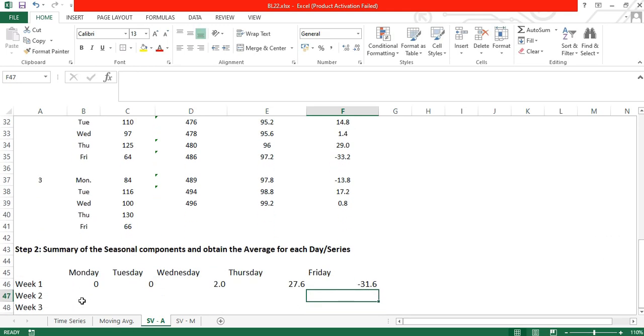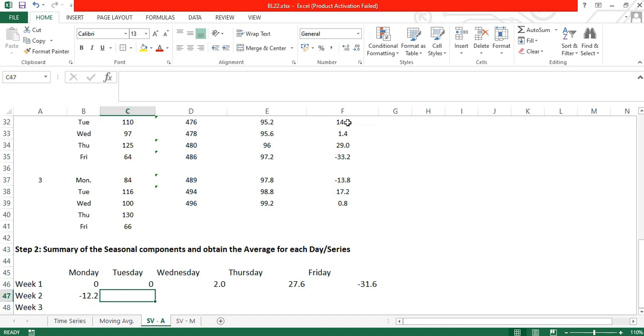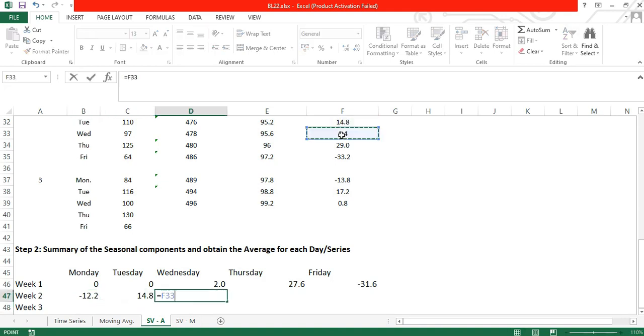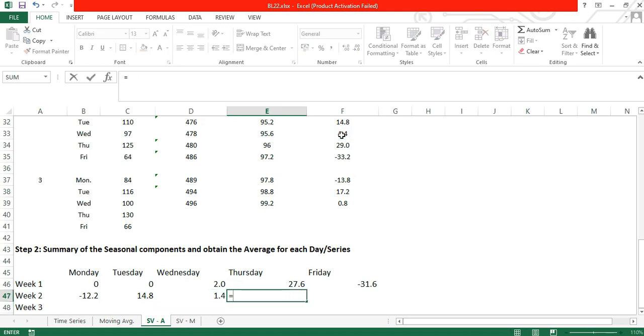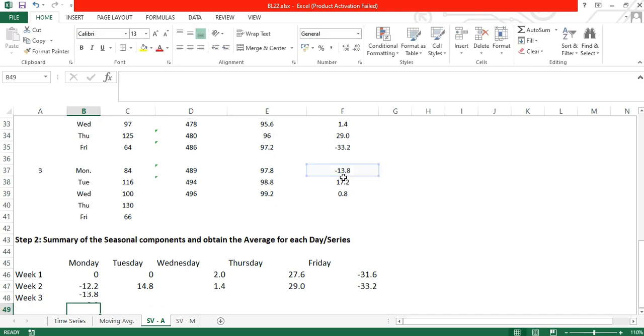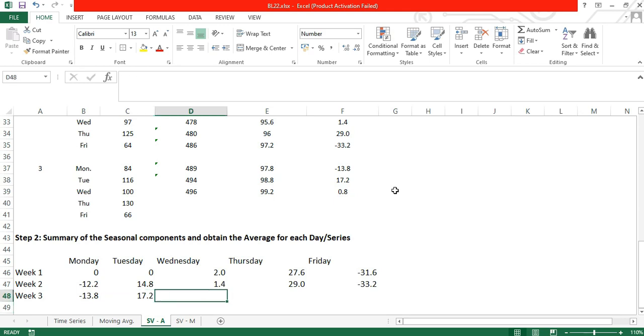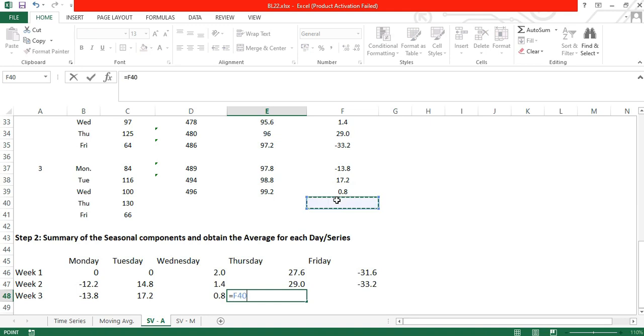Then week 2 Monday we got minus 12.2. Tuesday we got 14.8. Wednesday we got 1.4. Thursday 29 and Friday minus 33.2. Again week 3 Monday minus 13.8. Tuesday 17.2. Wednesday plus 0.8. But Thursday and Friday we got 0.